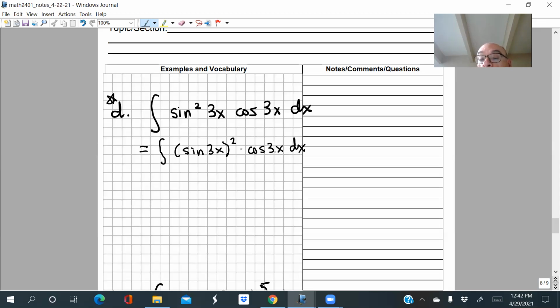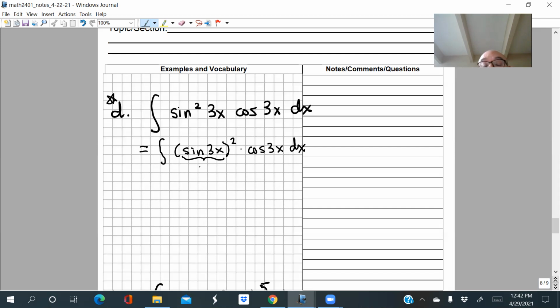And both of those situations are occurring in this problem. So remember I said, if you have an expression raised to a power, not just x raised to a power, but an expression raised to a power, that is often a good opportunity for substitution. And that's exactly what we have here.